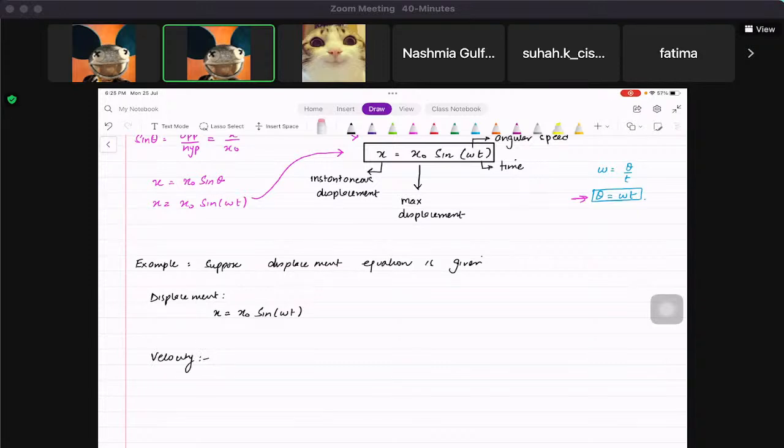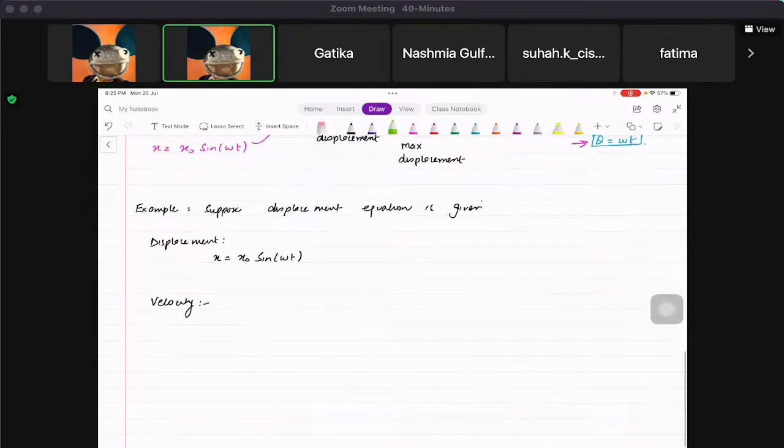Who's going to tell me what is the definition of velocity? Anybody? Rate of change of displacement. Exactly, right? You said rate of change of displacement, which means velocity is just change in displacement over change in time. Basically what you're doing is you're finding change in displacement x over change in time, like that. So that basically represents velocity.